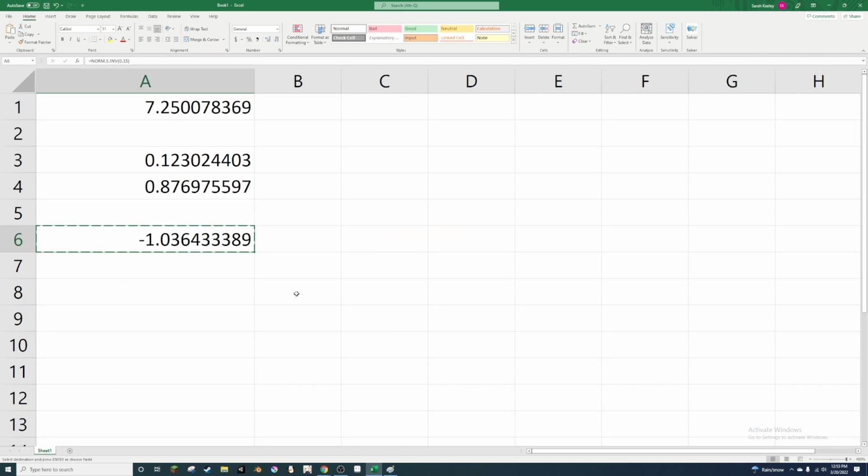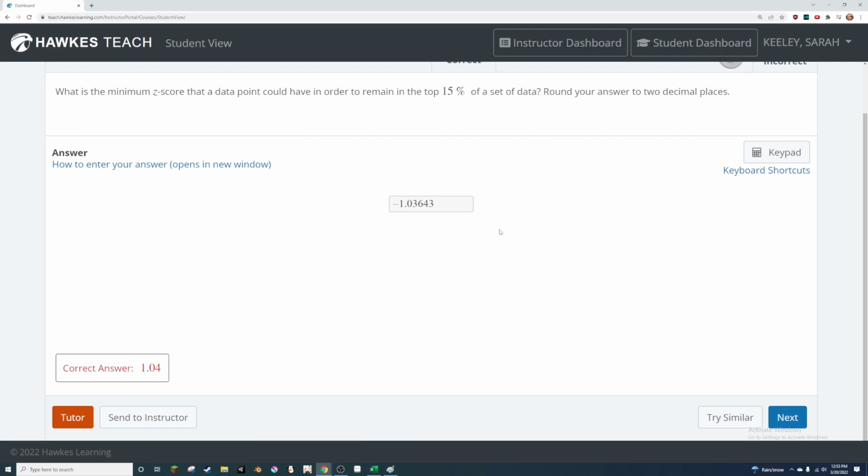So if we go into Excel and type equals NORM.S.INV, and then either double click or press tab here and type in 0.85, close parentheses, you get 1.036 and it wants to the nearest hundredth, so it would be 1.04 instead, which is why I got confused a little bit, because it has to be top 15% instead of just putting in 15.